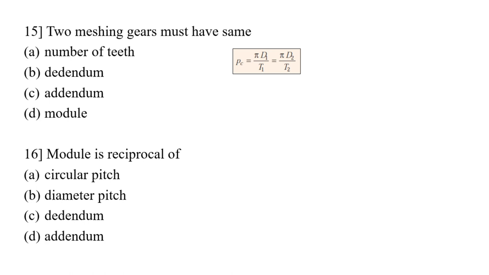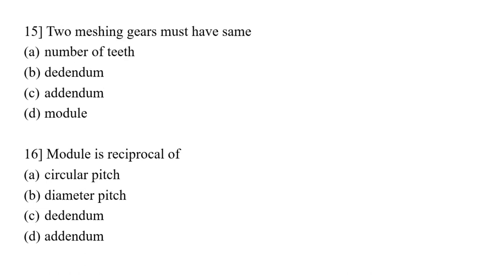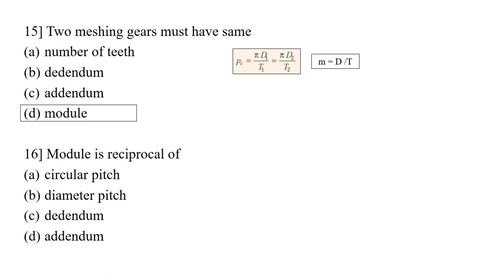If pi gets cancelled, then d1 by t1 is equal to d2 by t2. That ratio d by t we have seen is the module. Therefore m1 is equal to m2. That means if circular pitch or module are the same, then two gears mesh correctly. So if two gears are meshing, they must have the same module or circular pitch.